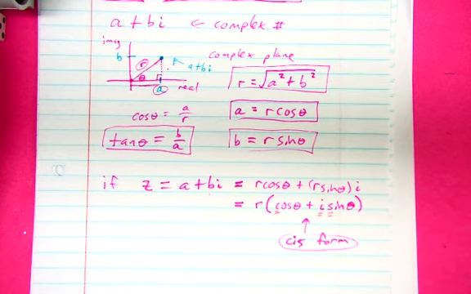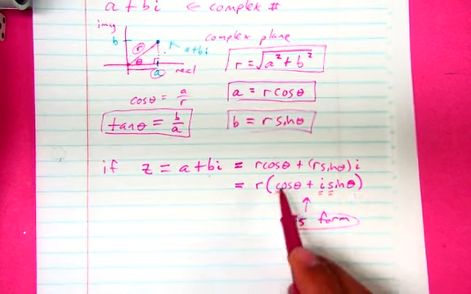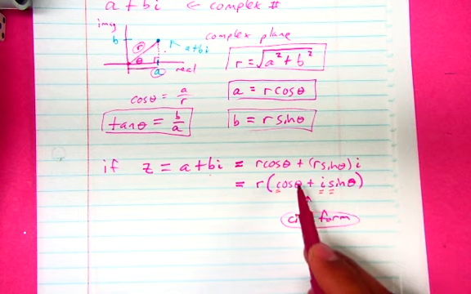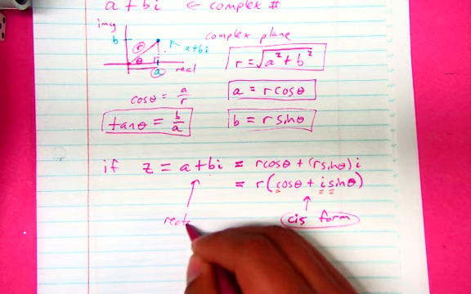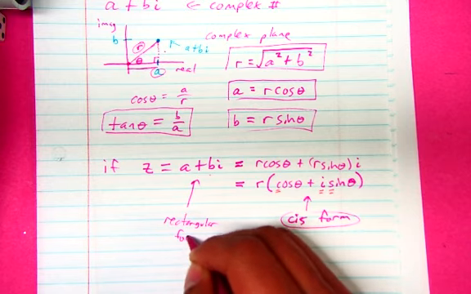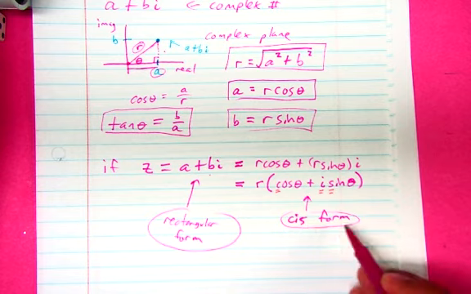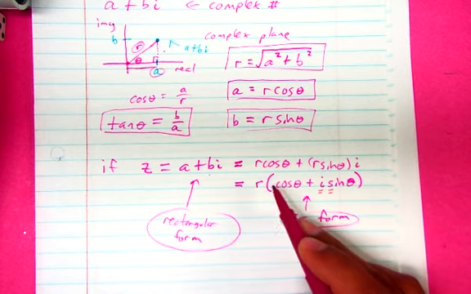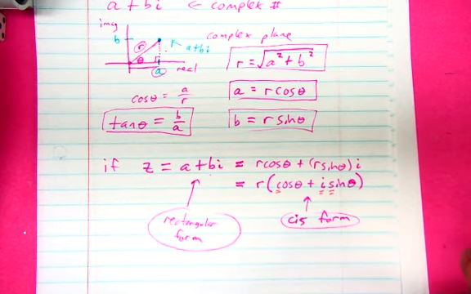So this is a polar imaginary version of this complex number here. So this is complex or rectangular form. And instead of polar, we're calling this CIS form because we're explicitly using cosine, the imaginary unit, and sine. Sometimes you'll see this called trig form.